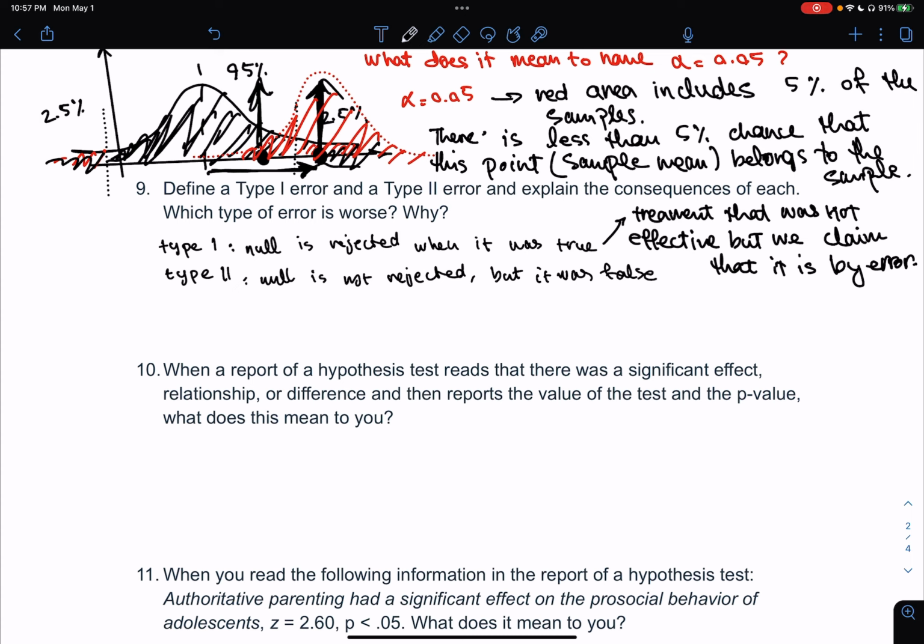And then the type 2 error, the consequence is that we had a treatment that is actually effective, but we couldn't detect the effect.